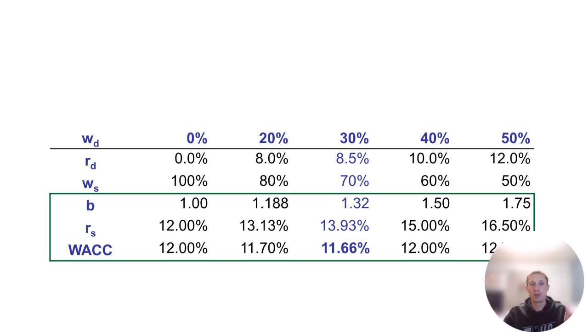Okay, and if I plugged in the numbers, built a data table to do all of this, I find that the lowest cost of capital is at a 30% debt perspective. So that leads me to find that the best capital structure for this particular company is 30% debt, 70% equity.